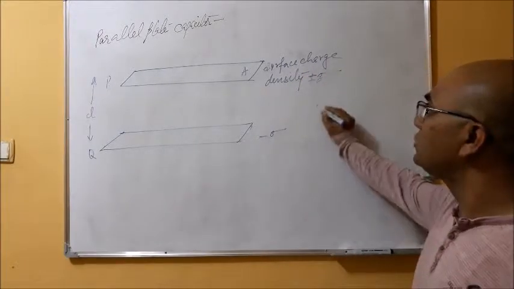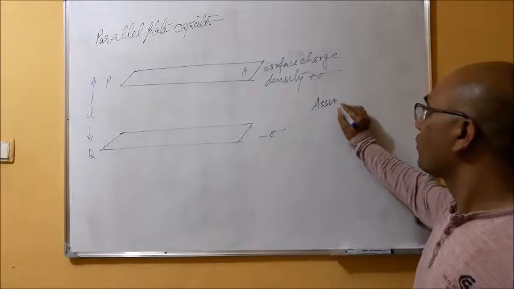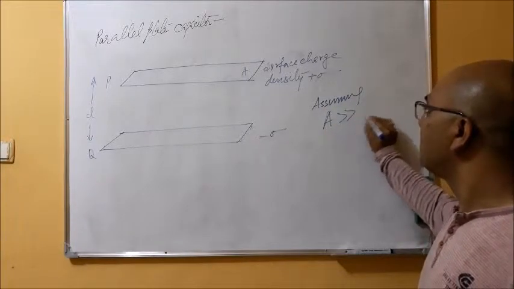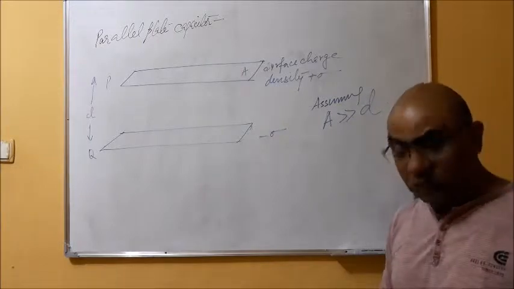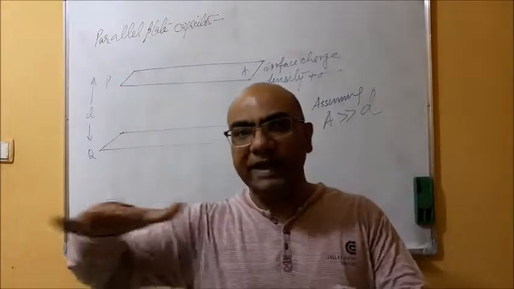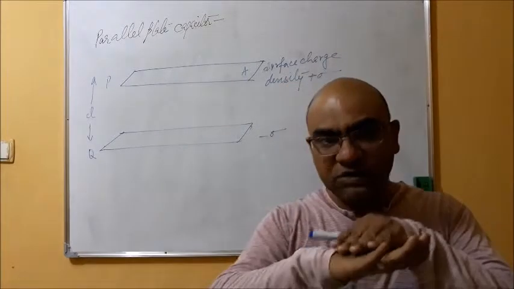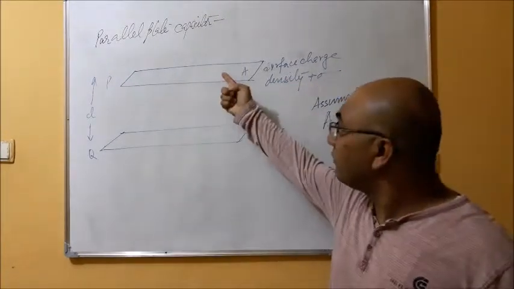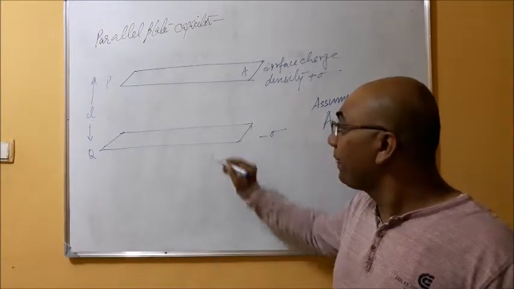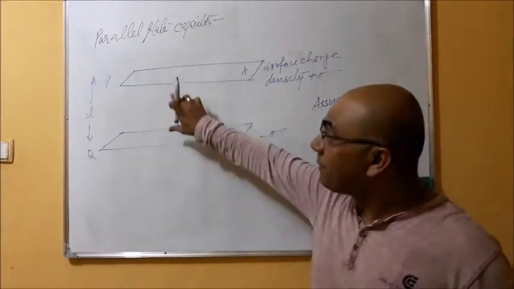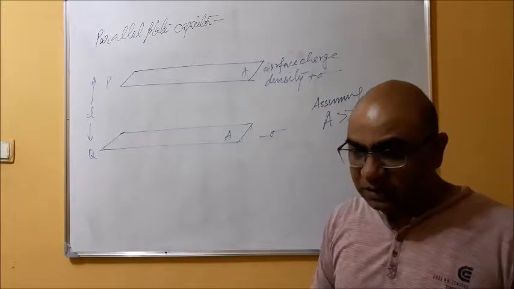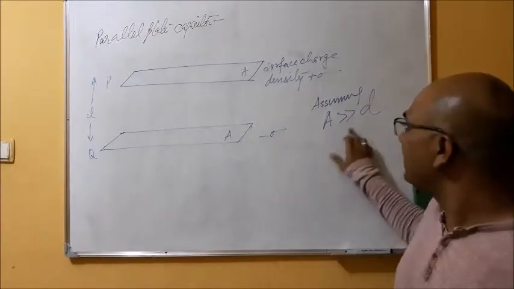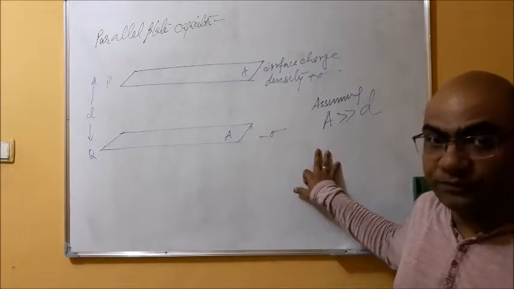Now I am assuming this area is much greater than d. So in this parallel plate capacitor, the surface of the plate has area A, this is also A, and the separation between these two surfaces is d, and the value of d is very small compared to A, right?